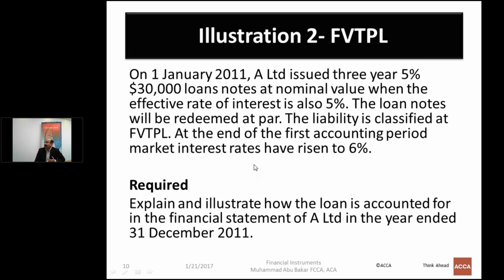So far as the initial recognition is concerned, we learned that this will be initially recognized at the fair value. In this case, the consideration received. So what is the consideration received? 30,000. Is there any discount? No, there is no discount. So this financial liability will be initially recognized at 30,000.